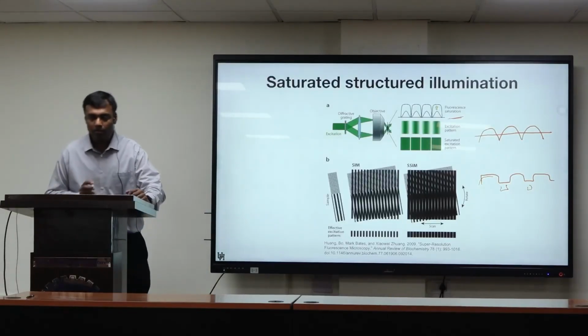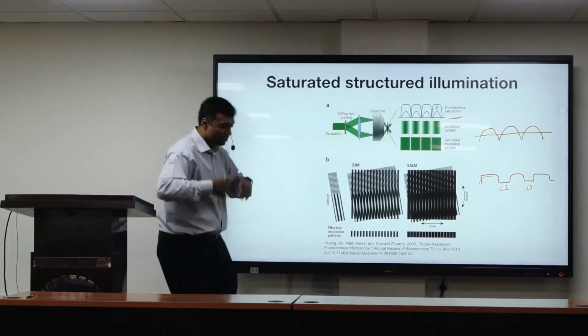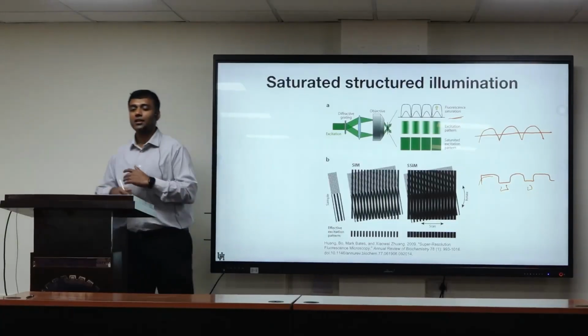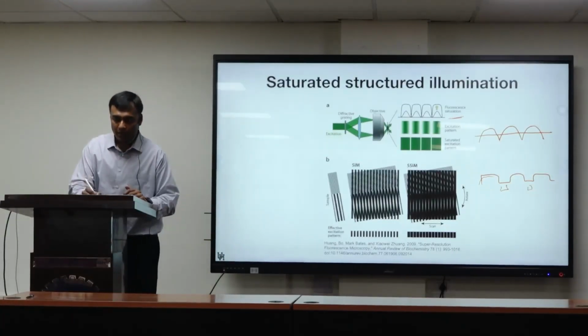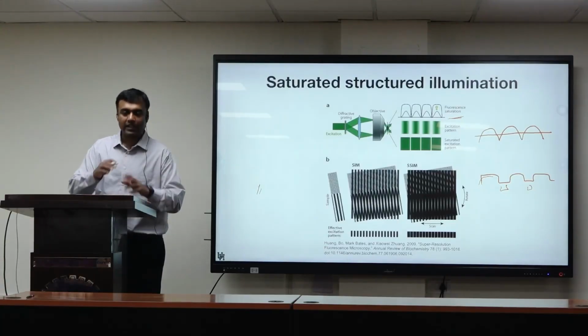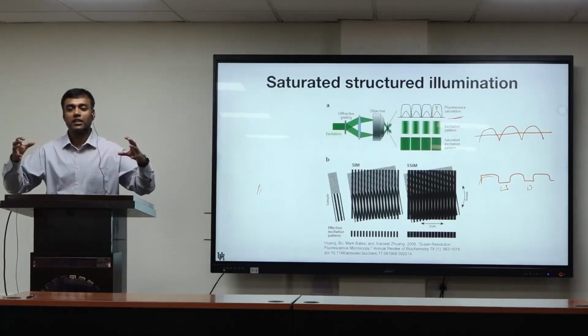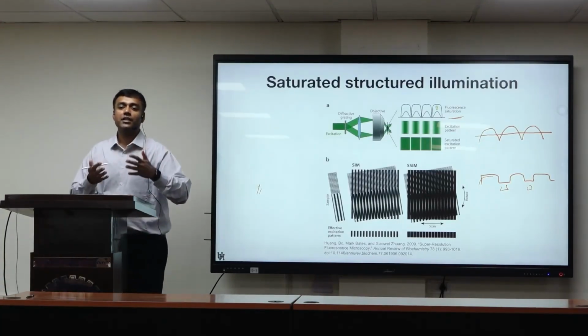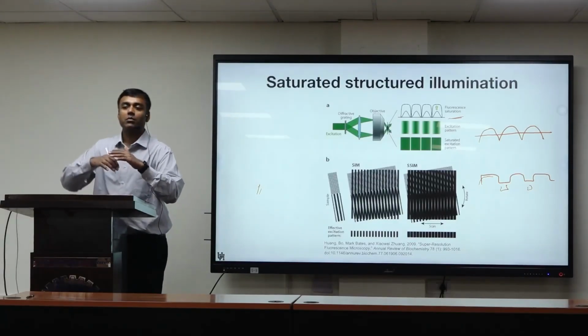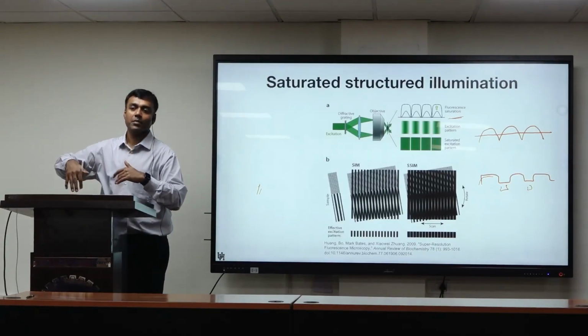It's much harder to do because you have to saturate, you have to maximize the fluorescence as you increase the number of photons. See, you have some fluorophores inside of the sample, right? If you shine some light on it, some of them get excited and then they come back down, right?